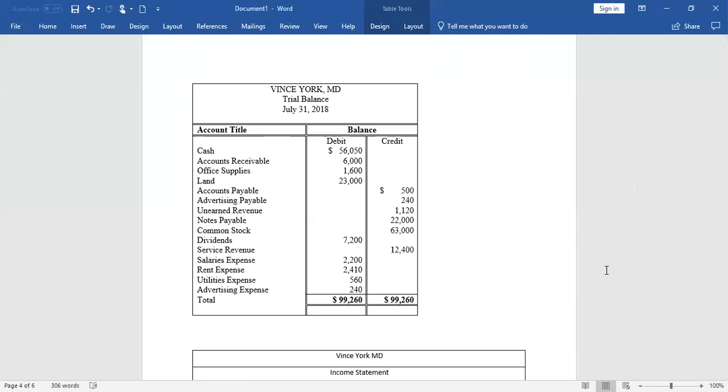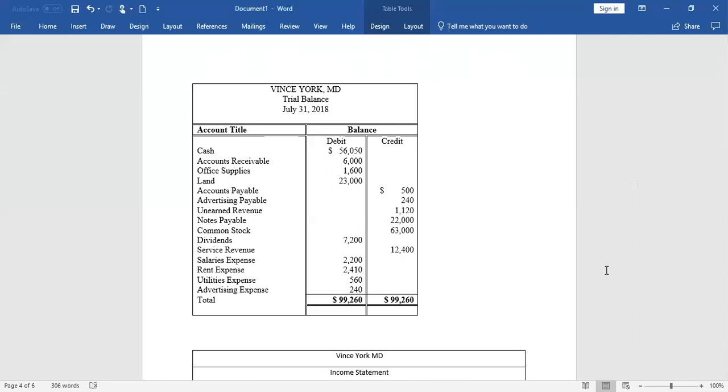So assets, liabilities, common stock, dividends, revenues, and expenses. If you list them out of order, I take points off. If you do not find a debit and credit balance final totals, points off.